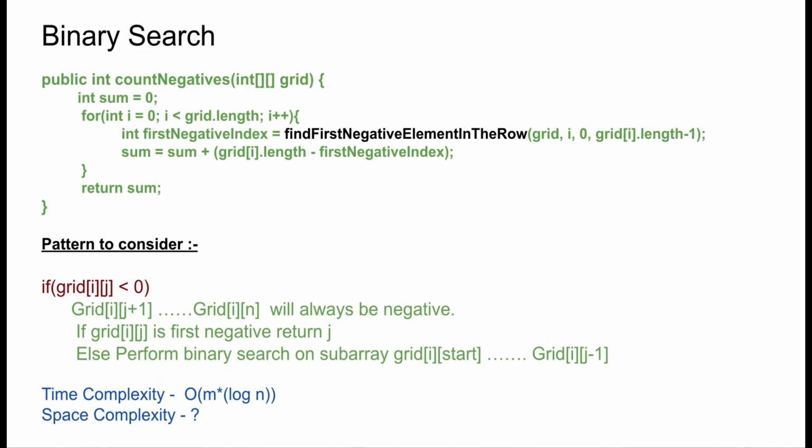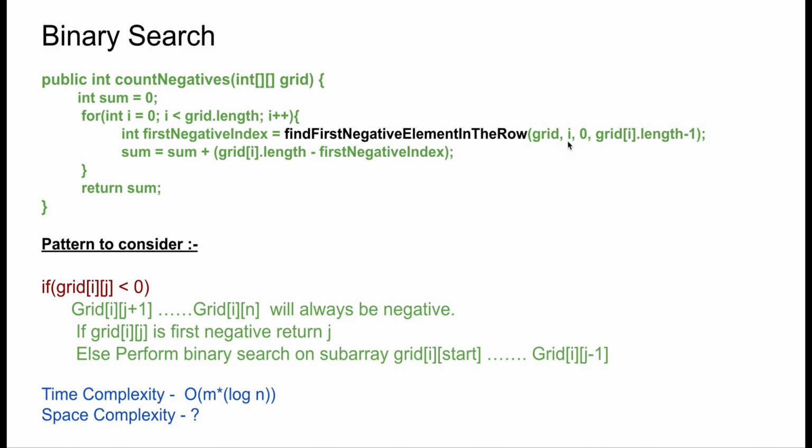Now let's talk about the simple binary search solution. In the simple binary search approach, we go through each and every row in the grid and perform binary search on that row. This method, find first negative element in the row, is responsible for performing binary search on the row represented by index i.